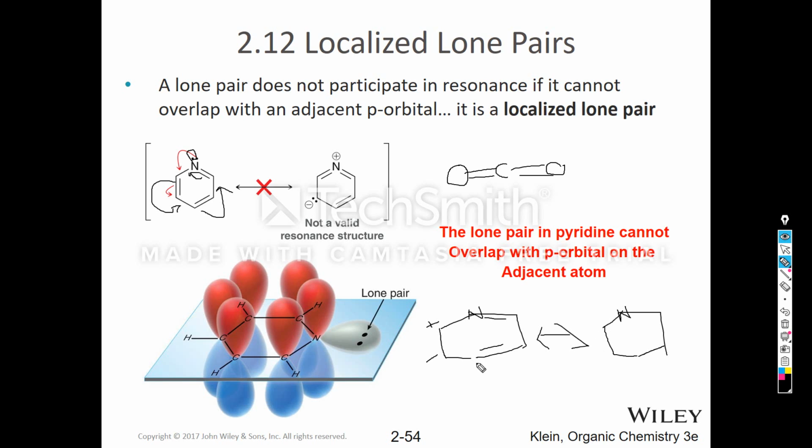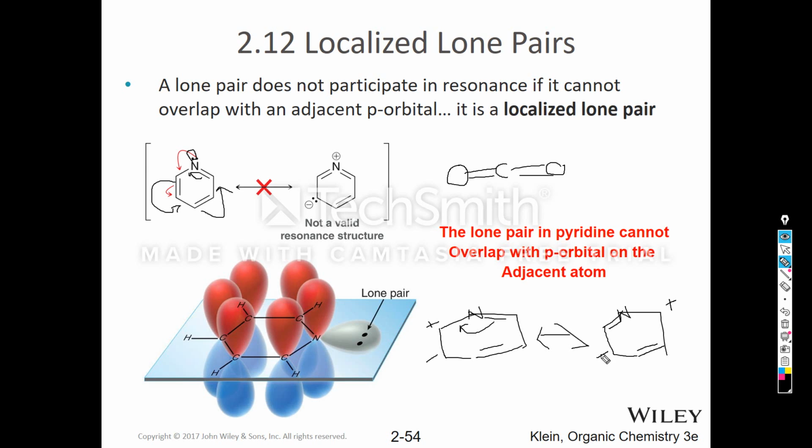Okay, so if you pull these electrons in from here, then you will be able to write a double bond here, a negative charge, a positive charge, and a double bond here. So this is acceptable again, right?